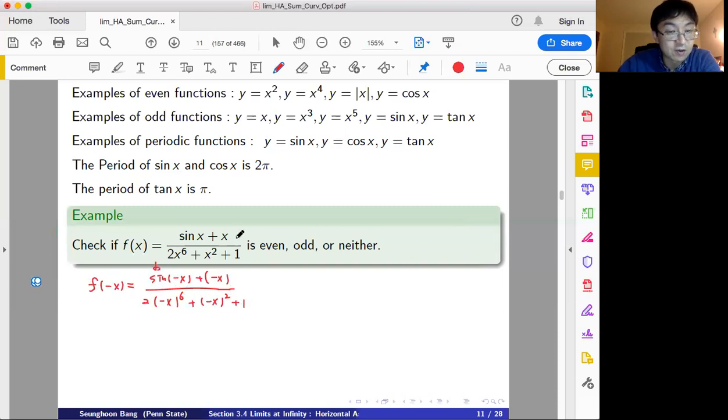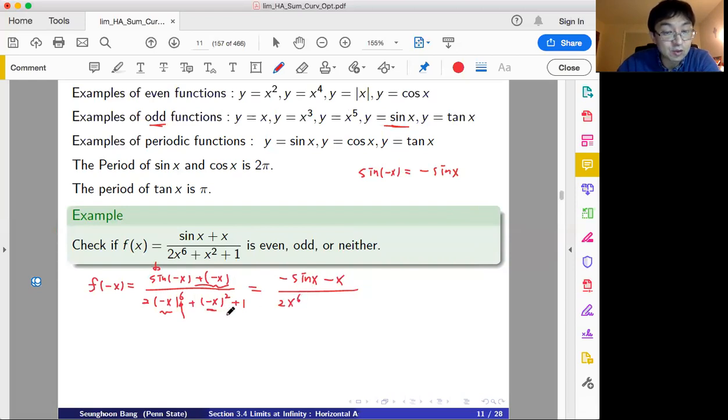What happens to the sine function here? The sine function is an odd function. What does it mean? Sine of minus x is exactly the same as negative sine of x. So we have minus sine of x plus negative x over, next, minus x to the power 6. 6 is an even power, so exactly x to the 6.